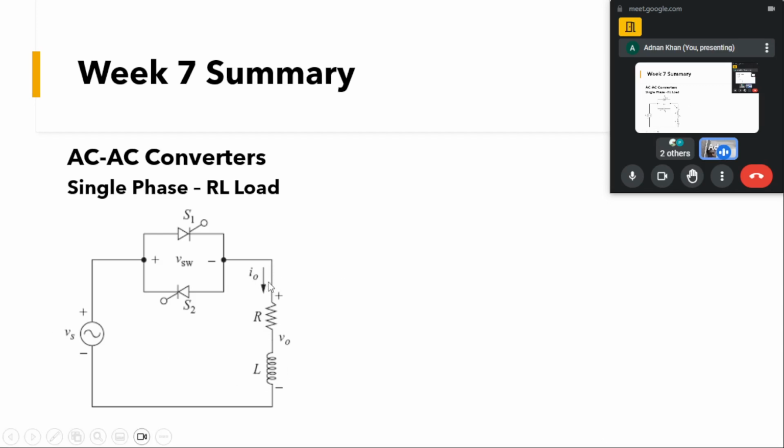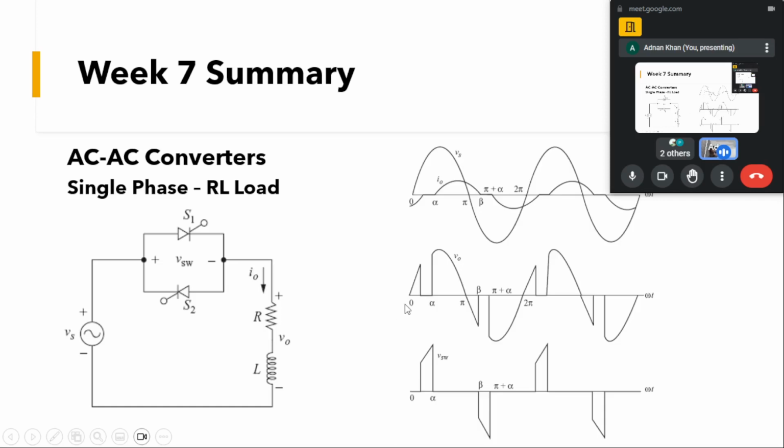Like we saw in the previous classes, whenever we have an RL kind of load, if we turn on S1 at an alpha, S1 will start conducting from this alpha.